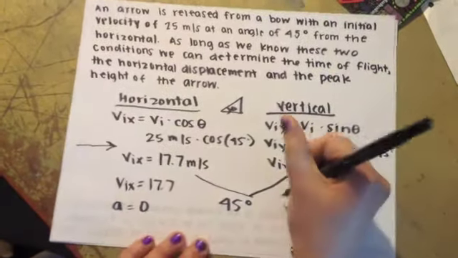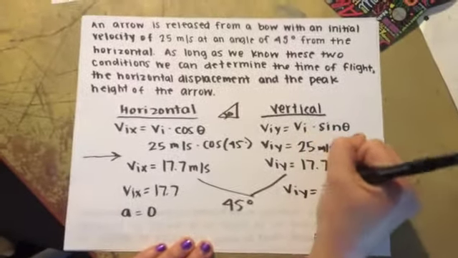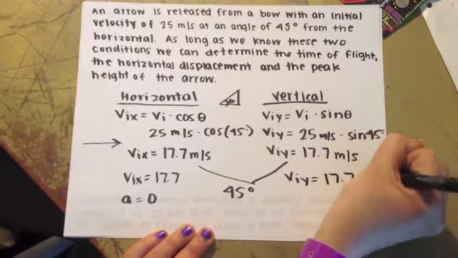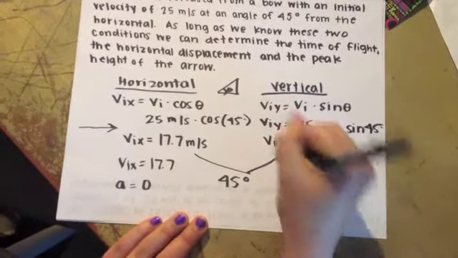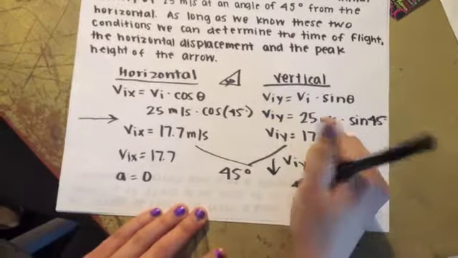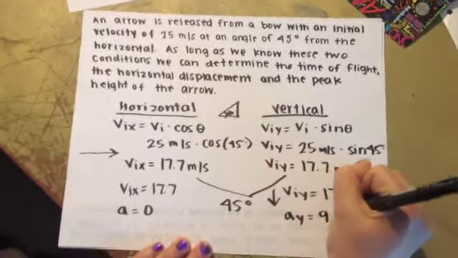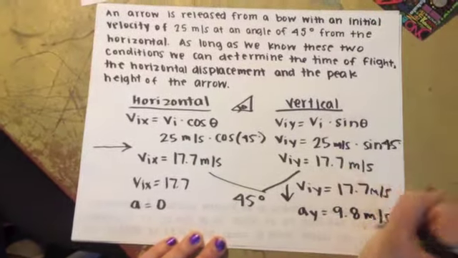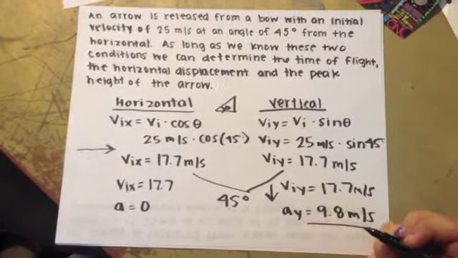In the vertical direction, the initial velocity is also 17.7 meters per second, but there is an acceleration in the down direction because gravity is working. The acceleration in the y direction is 9.8 meters per second squared, a constant we know because that's just how gravity works.